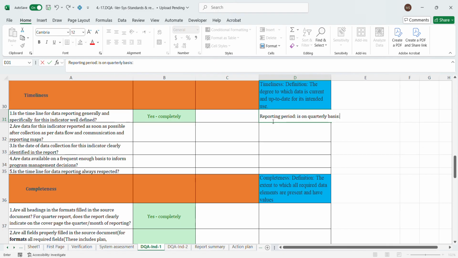Then we can say quarter one, quarter two, quarter three, quarter four, and we can indicate the dates, the standard for reporting.